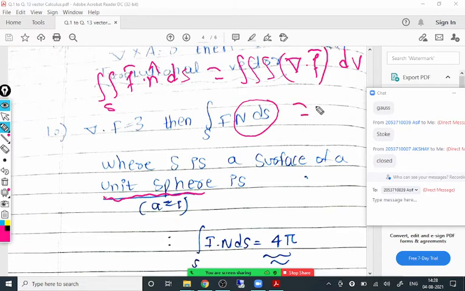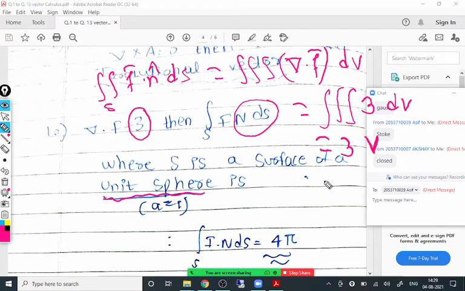Now in this triple integral, del dot F bar is already given, that is 3. So this is 3 dV. So the answer is 3 into the volume of the unit sphere. What is the volume of the sphere first? 4 by 3 pi r cube, is it?